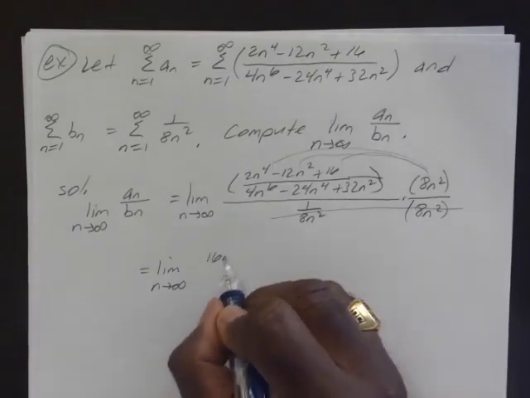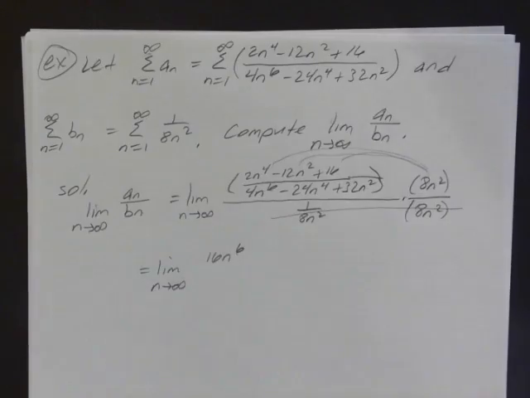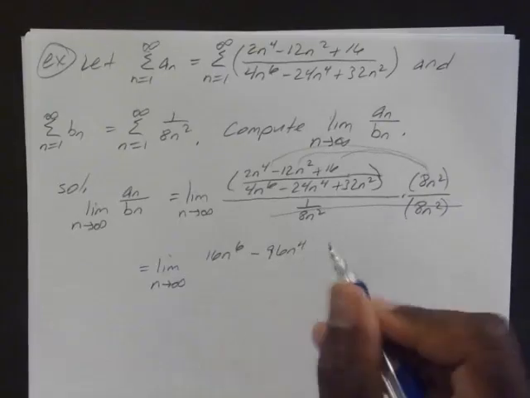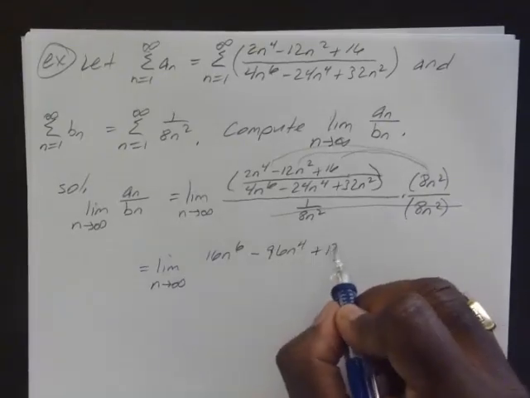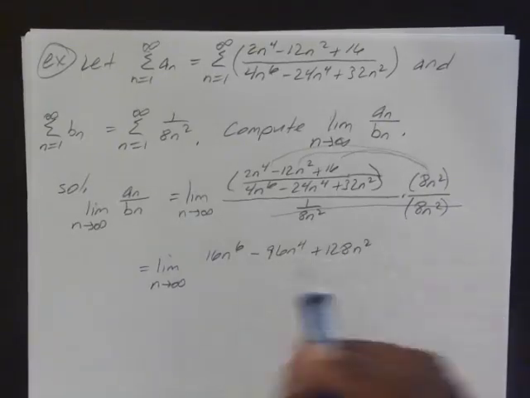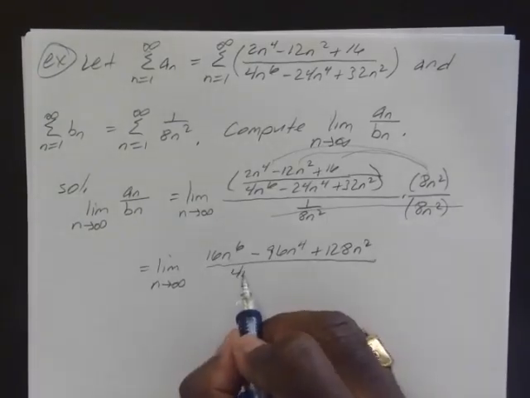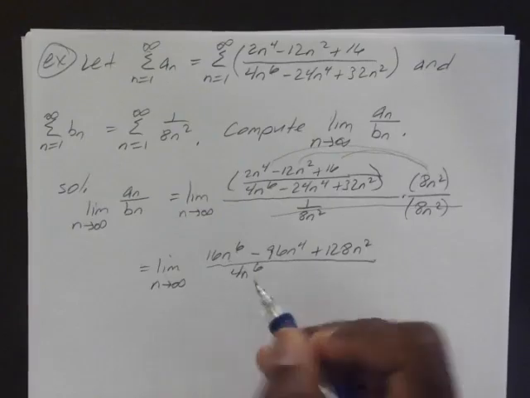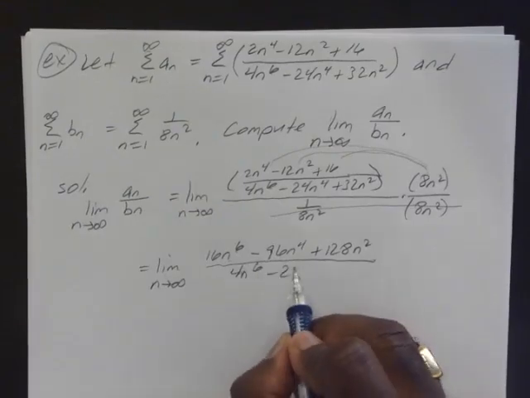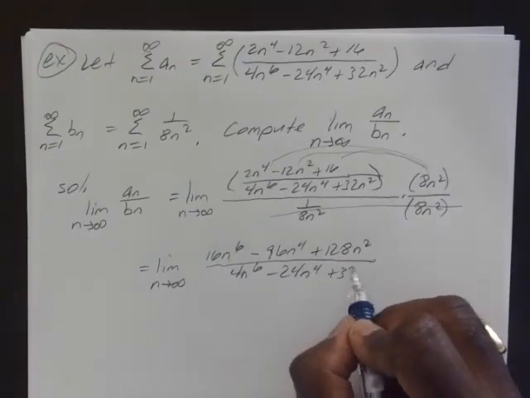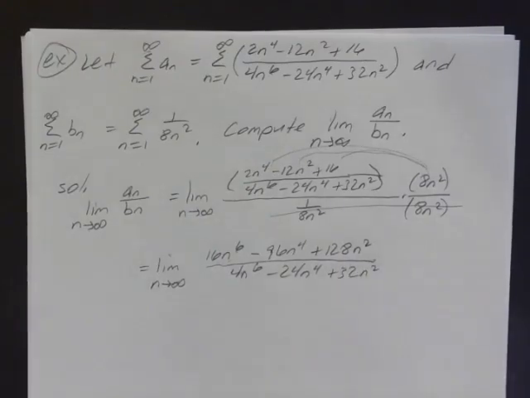So we have 16n to the sixth power minus 96n to the fourth power plus 128n squared divided by 4n to the sixth power minus 24n to the fourth power plus 32n squared.